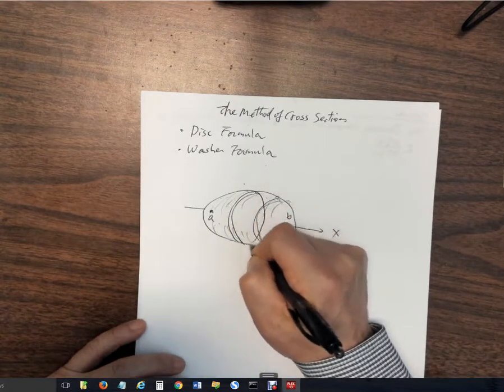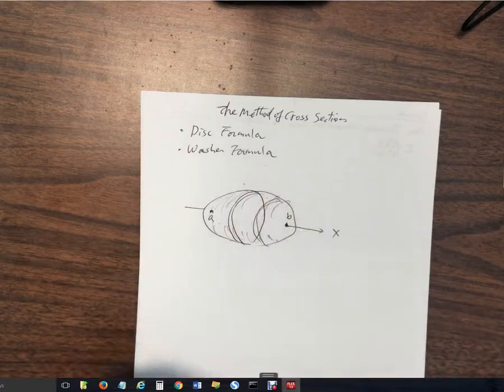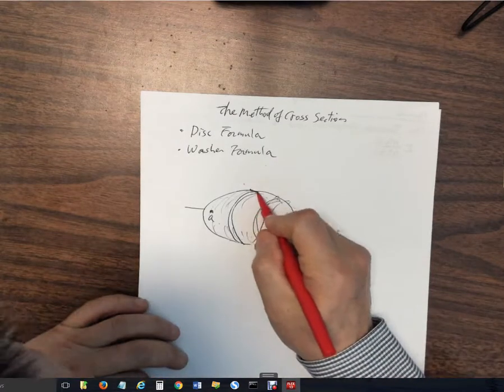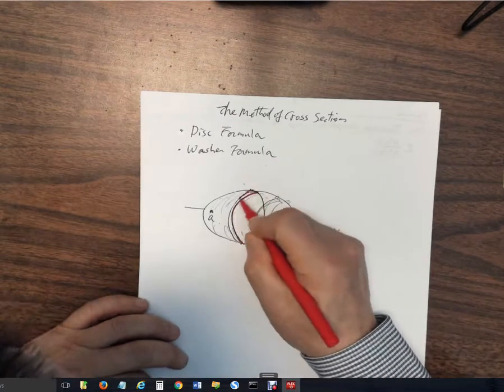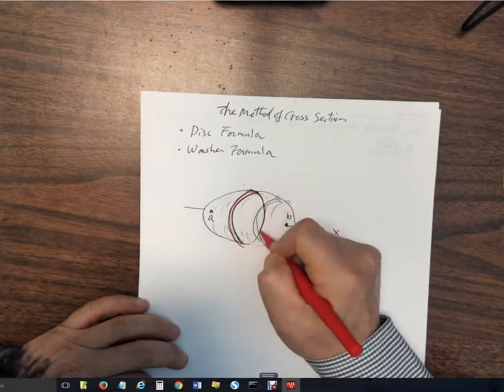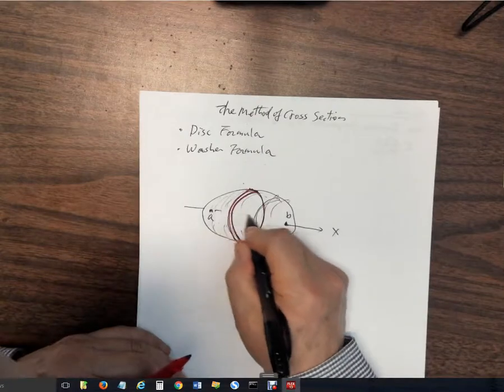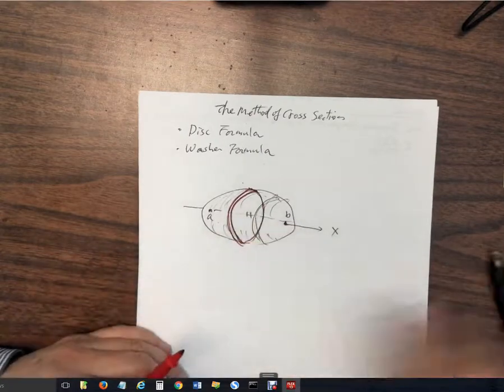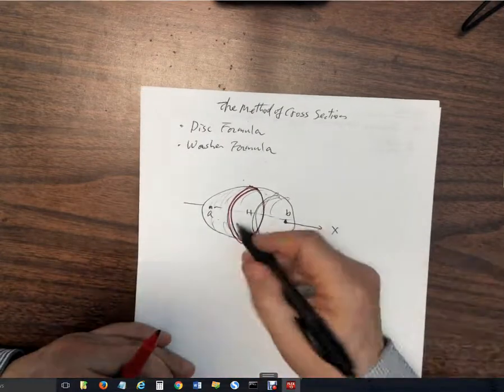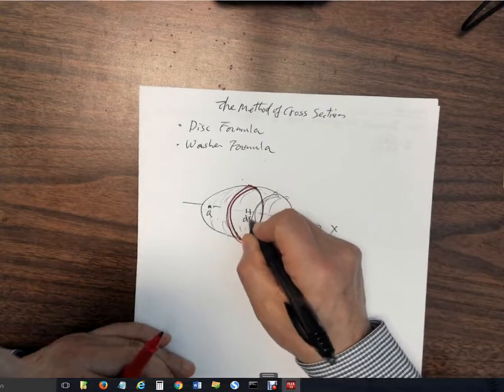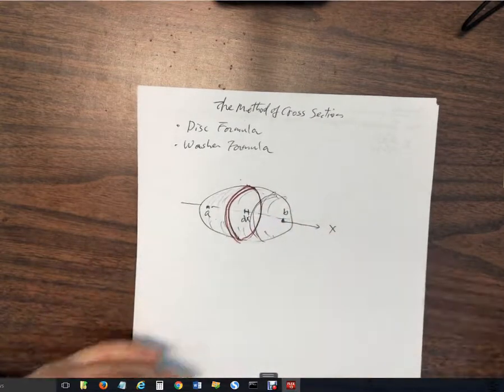Say this is a representative slice with thickness dx.